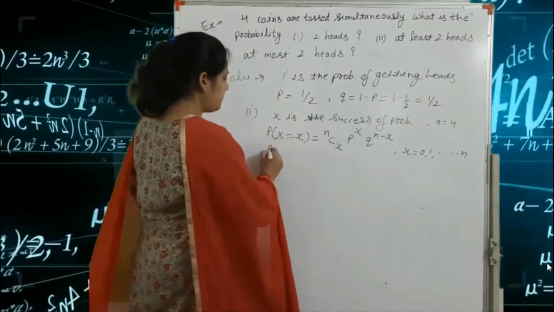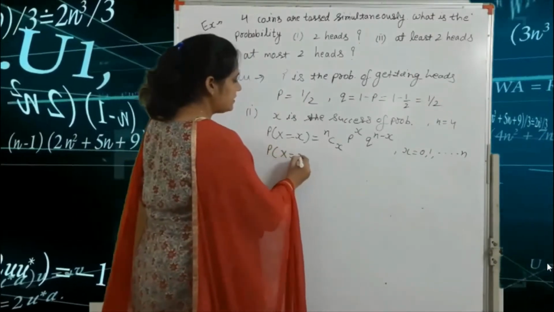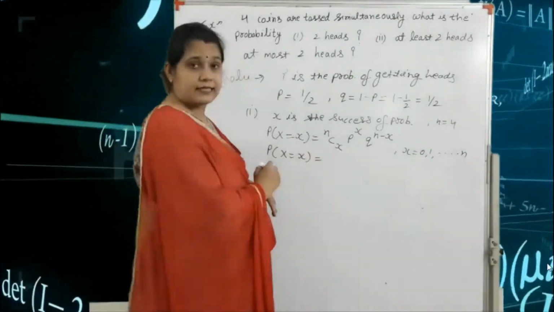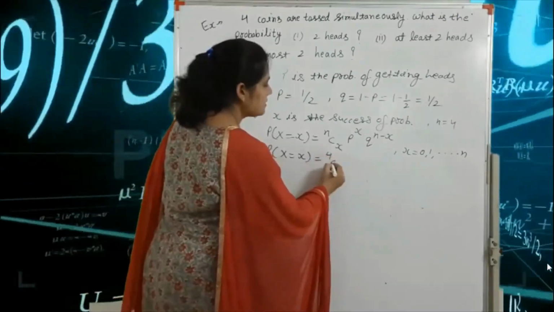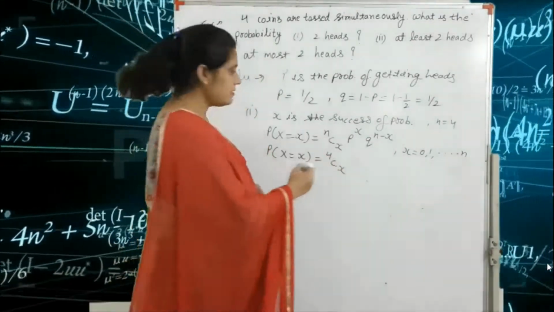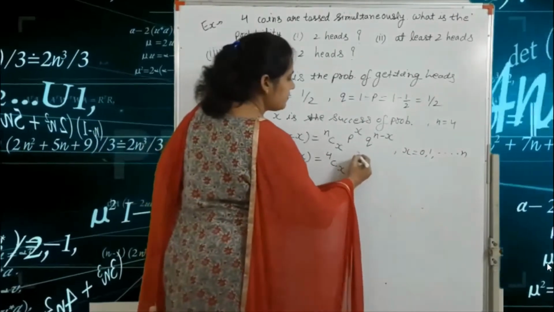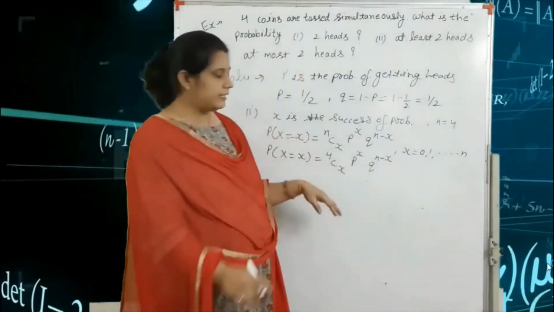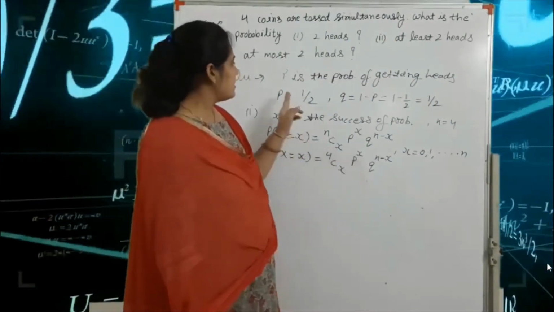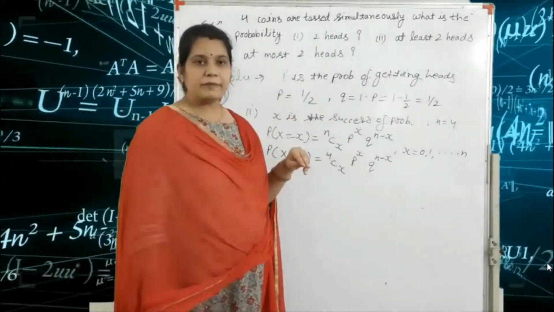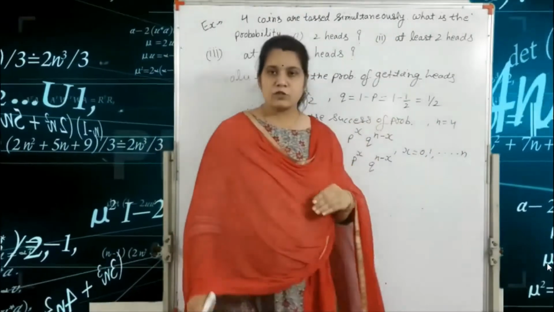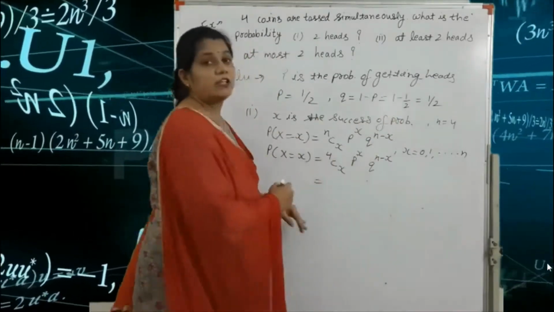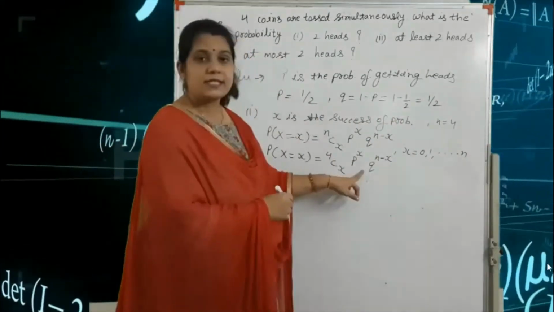P(X = x) is equal to 4Cx p raised to the power x q raised to the power n minus x. And we have already seen that p is equal to 1 by 2 and q is also 1 by 2. So put here the values of p and q.